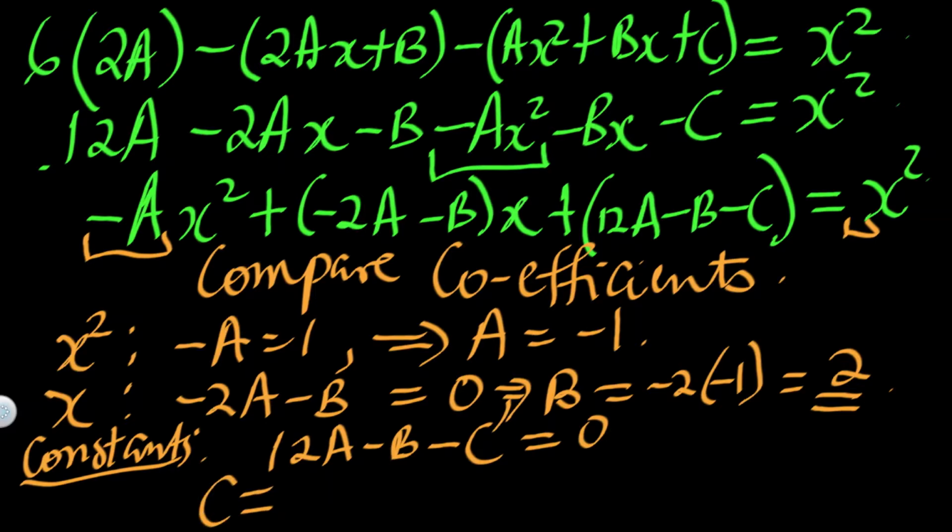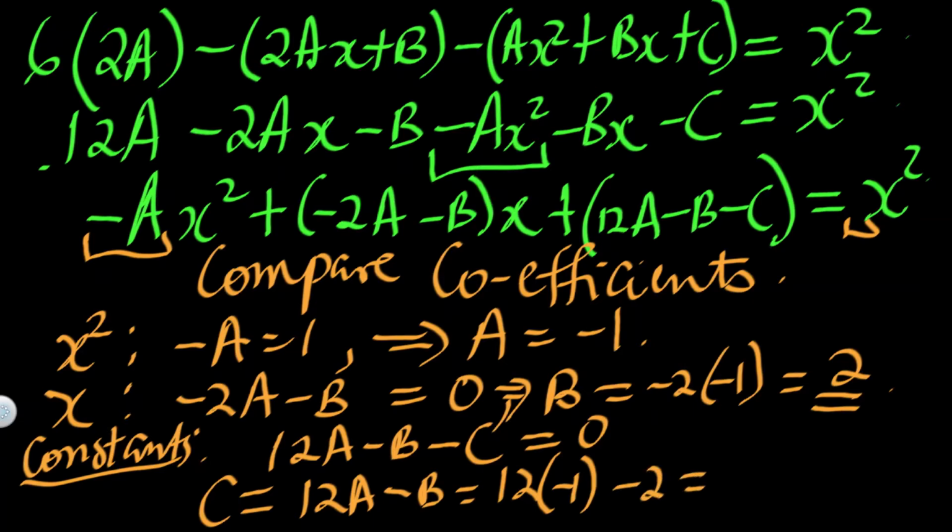If you do your algebra well, you see that c is equal to 12a minus b, which is essentially 12 times -1 minus 2. So -12 minus 2, that's -14. We now have our a, our b, and our c. a is -1, b is 2, our c is equal to -14.